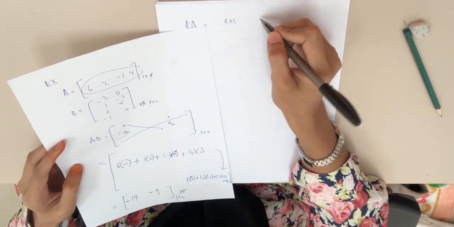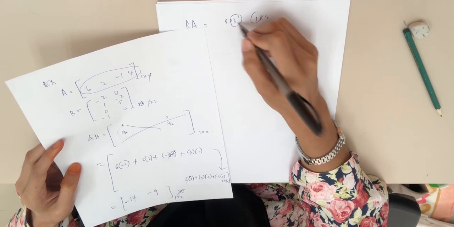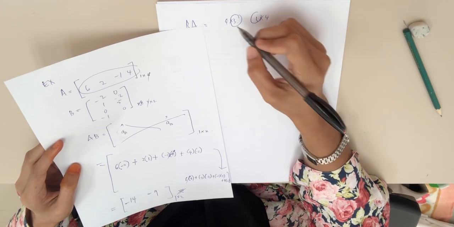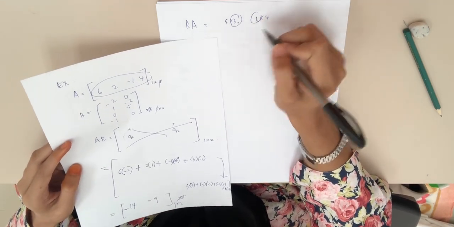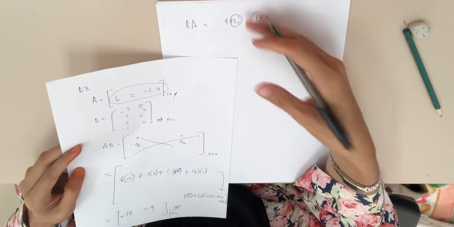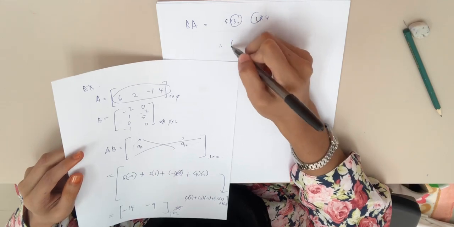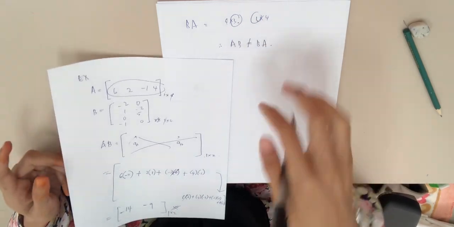The size of matrix A is 1 times 4. You can see that 3 and 1 are not equal. If here is 3, here it should be 3 also. Therefore, BA cannot be calculated, and we can conclude that A times B is not equal to BA.